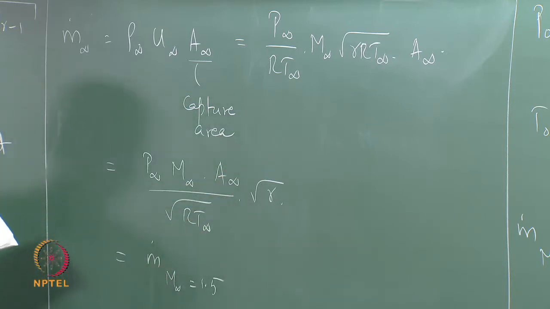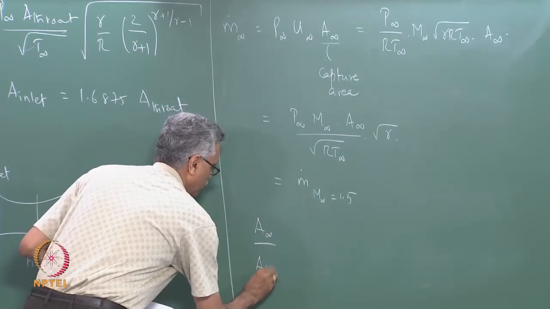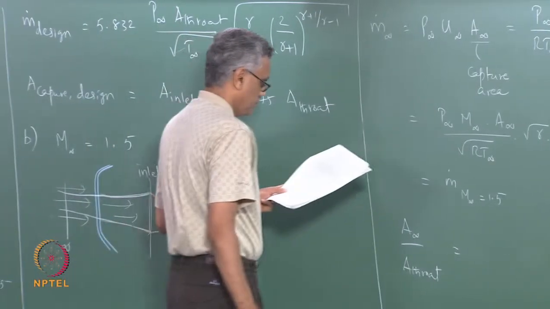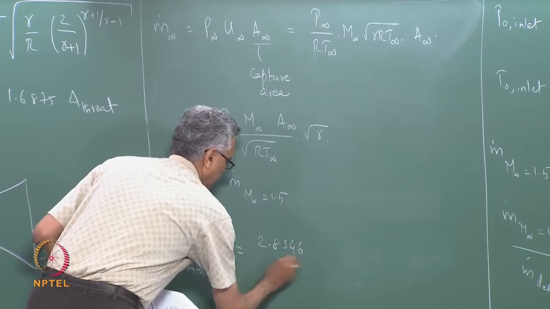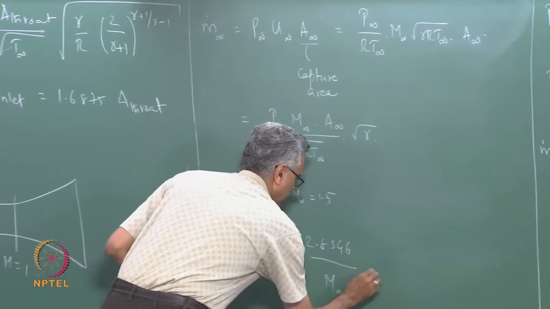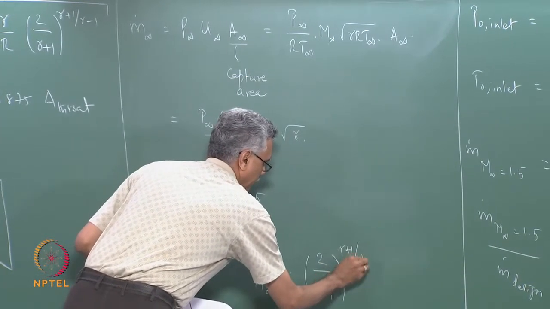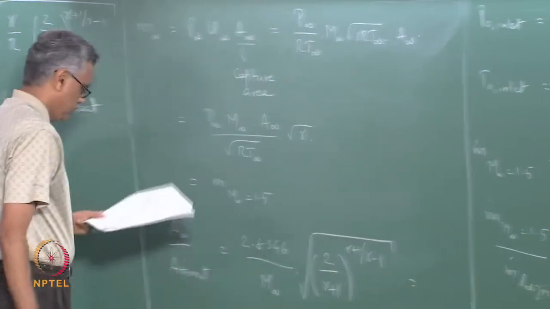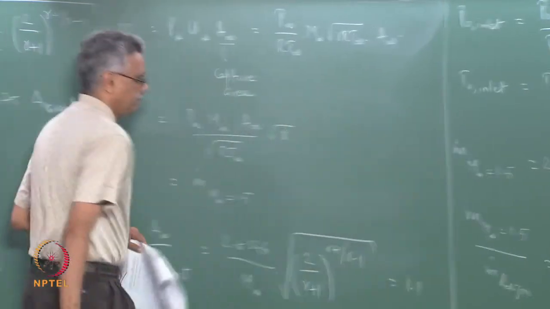So, we get a nice expression which tells me A infinity divided by A throat is equal to 2.8346 divided by M infinity times, so this is equal to 1.1, right.